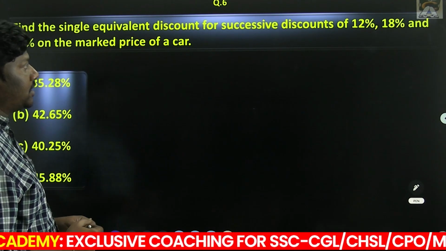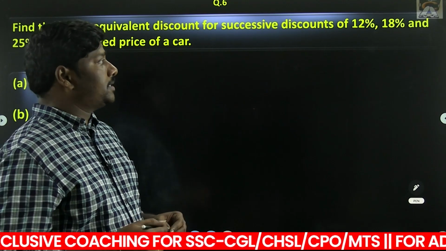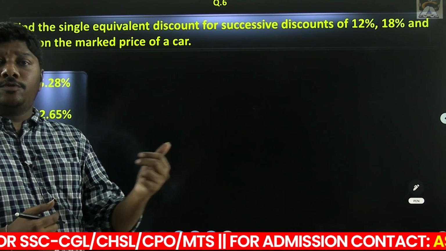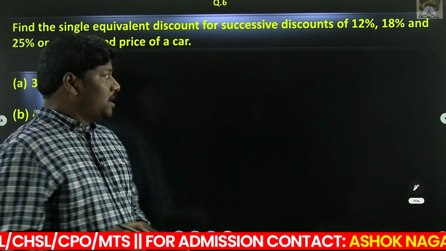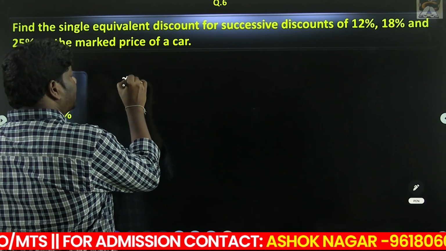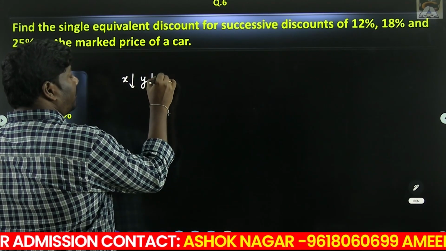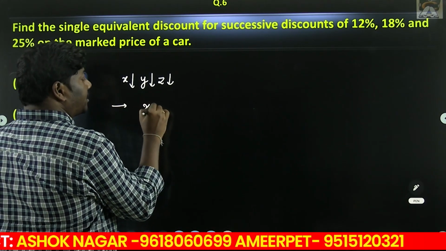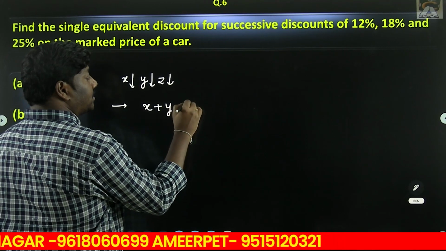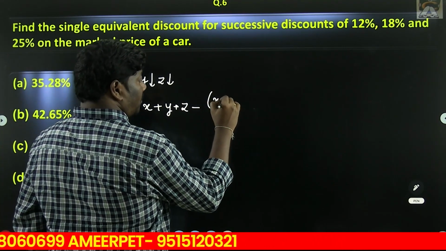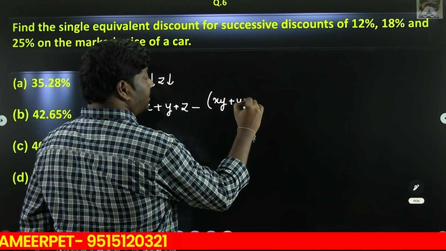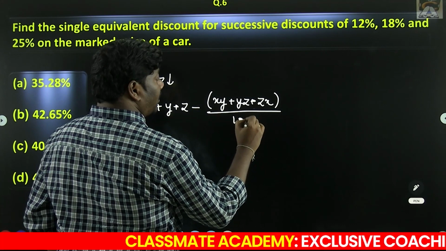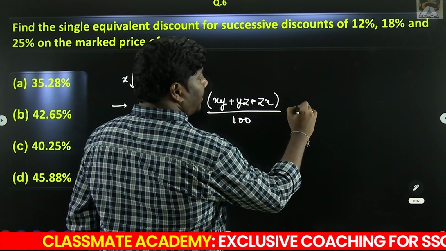Find the single equivalent discount for successive discounts of 12%, 18% and 25% on the marked price of the car. Here again you can use two different ways. One way is if they say X% followed by Y% followed by Z%, the answer is X plus Y plus Z, minus XY plus YZ plus ZX divided by 100, plus XYZ by 10,000.